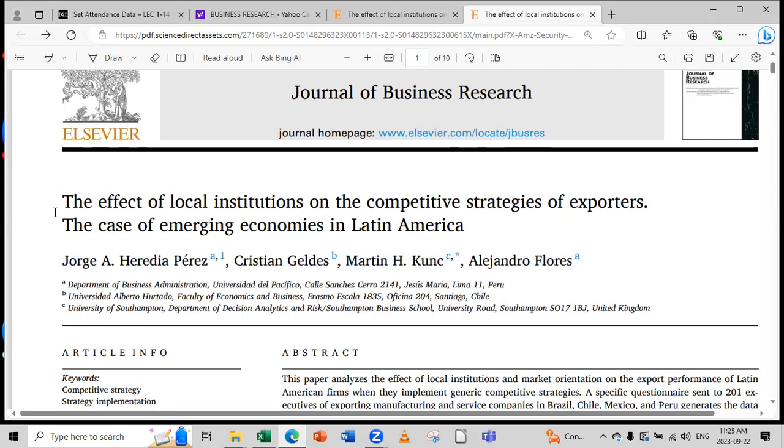By other meaning, what is this research about? Any research studies the relationship between variables. We actually have two types of variables: the independent variable, which affects, and the dependent variable, which is affected.